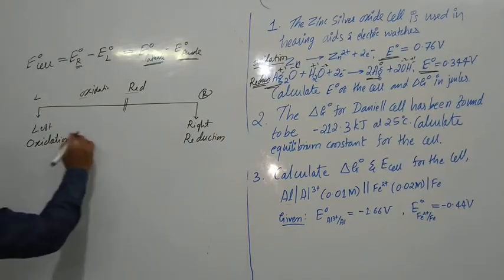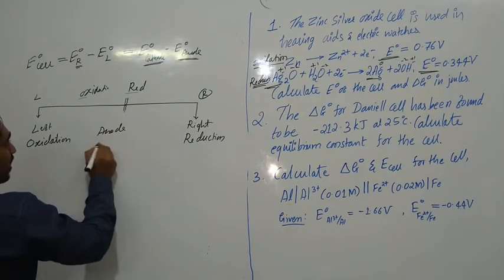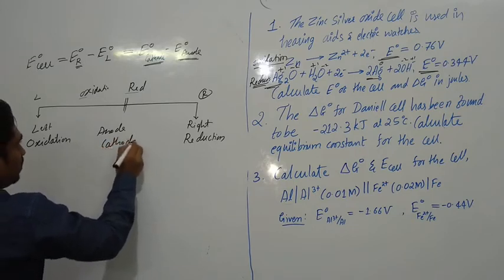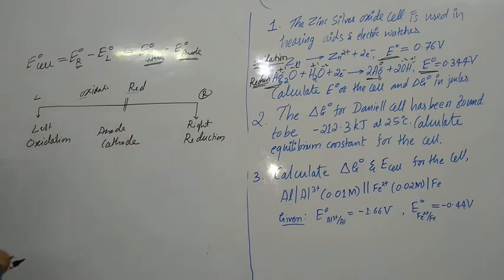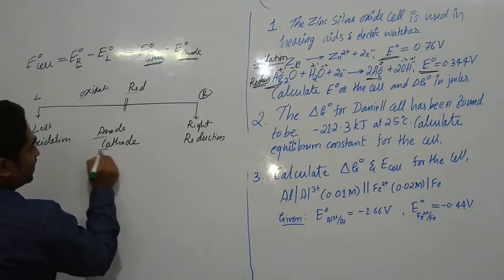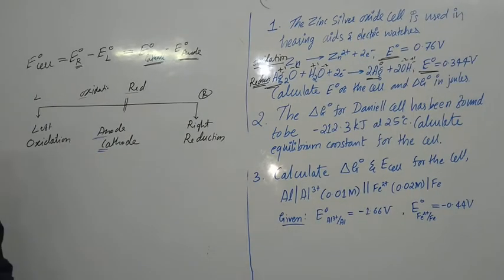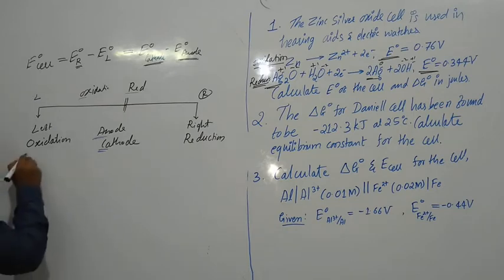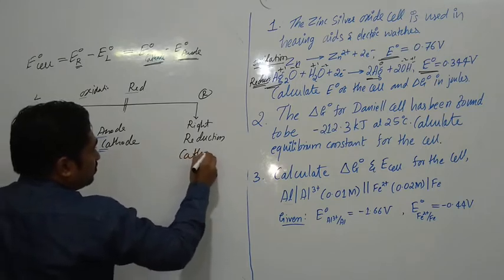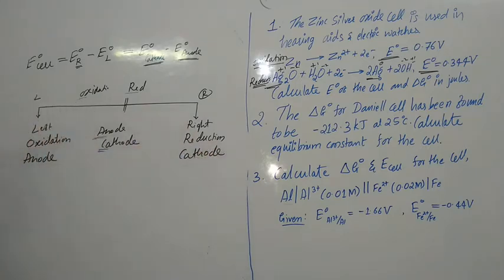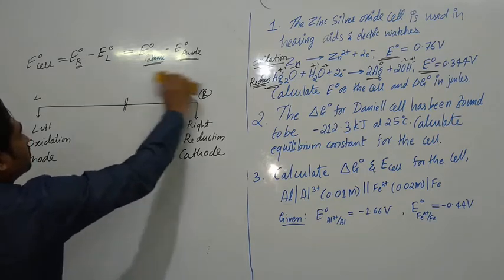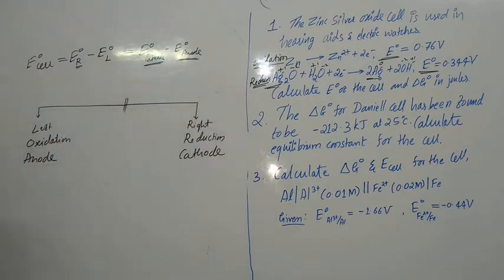Next, anode and cathode. Once again let us consider the first letters. Here A is the first letter, C is the second letter. Alphabetically A comes first. So here anode, here cathode. Isn't it? Like this you can remember very easily.